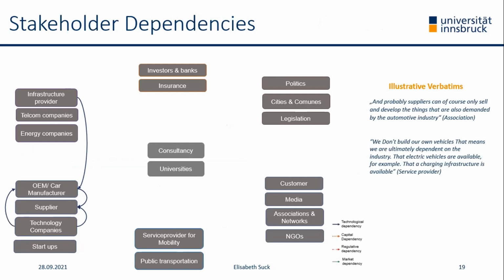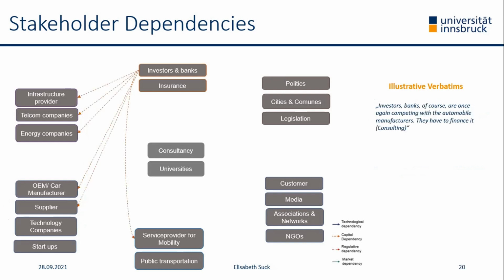Therefore, it is not possible, for instance, for an OEM to develop an ACES vehicle completely on its own without talking to infrastructure providers or tech companies. Each of these actors has its area of expertise, but they have to bring it together to deal with the complexity and to develop the ACES vehicle, as I already said in the conclusion for the relationships.